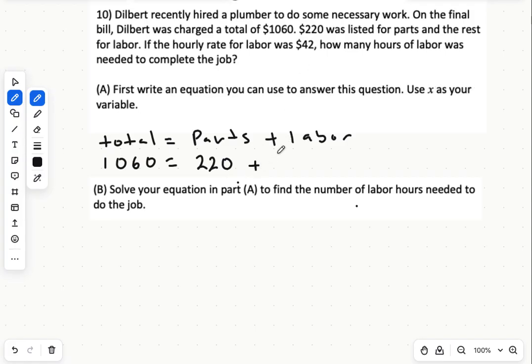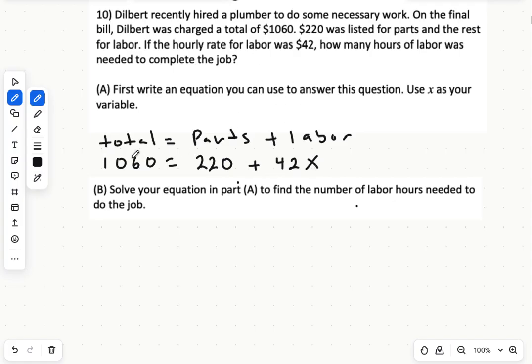So it's $42 an hour. We don't know how many hours they worked, but we know for every hour they worked, that's going to add $42 to the bill. So for instance, if it only took 1 hour, it would be $220 in parts plus $42. If it took 2 hours, we would expect that to be $84 for labor. So that right there would be our equation.